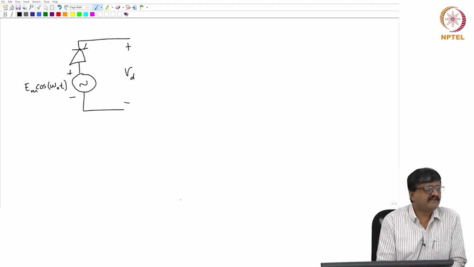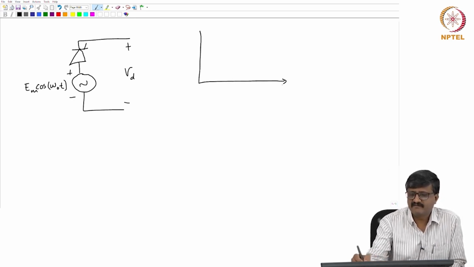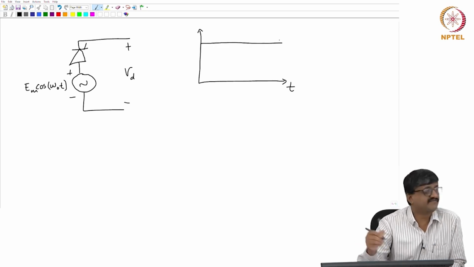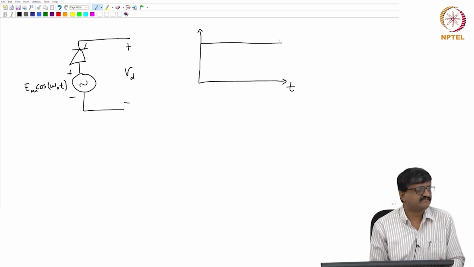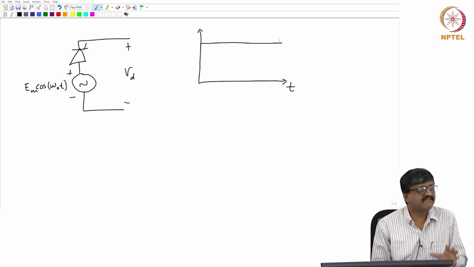Now, we are more familiar with a DC voltage which is constant as a function of time. Now, for the purpose of this course, a DC voltage is a voltage whose average value is non-zero. So, I will repeat, a DC voltage is a voltage whose average value is non-zero.